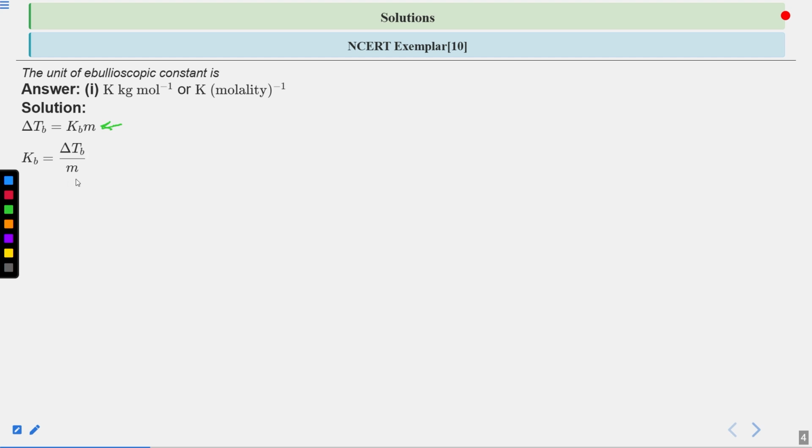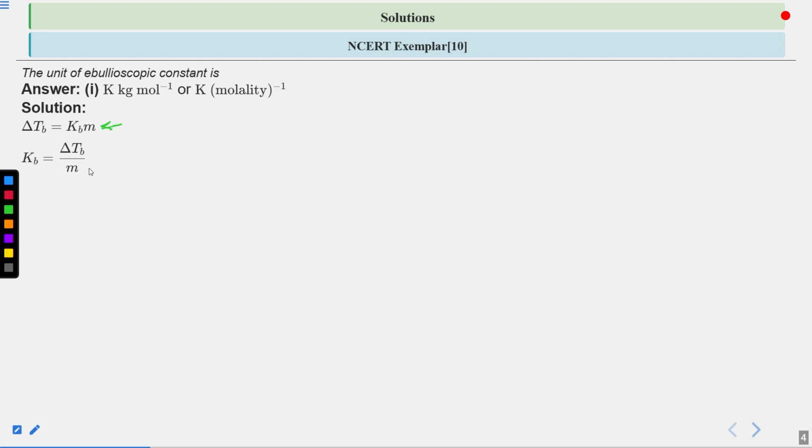And for molality, you just apply the formula of molality. What is the formula of molality? It is the number of moles divided by the weight of the solvent in kilograms, right? You put that formula of molality here in the denominator and derive the Kb unit.